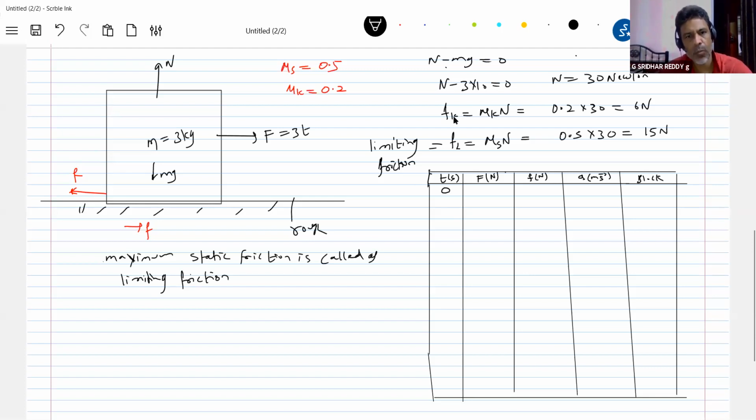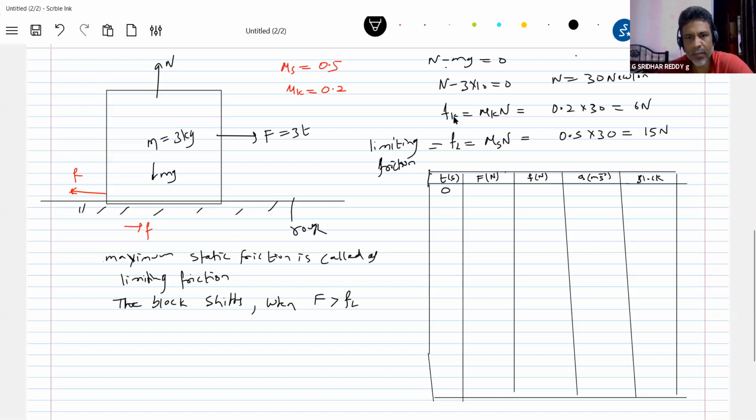So when the applied force is such that the block gets displaced, the block shifts when F is greater than FL. Or when it's about to shift, when F equals FL. Got this? So now, let's come to it.